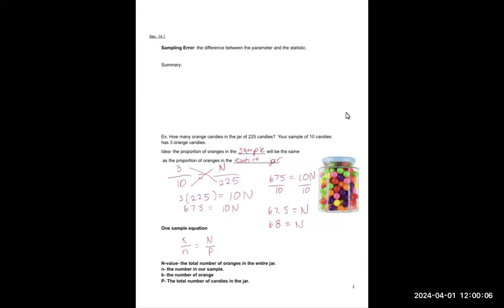So I spelled out everything for you: the number of oranges in the sample over the total number in your sample is equal to the number of oranges in the entire jar over the total number of candies in the entire jar. Let me just emphasize here, K is the number of oranges in the sample, and n is the number in our sample, of oranges and all color candies.